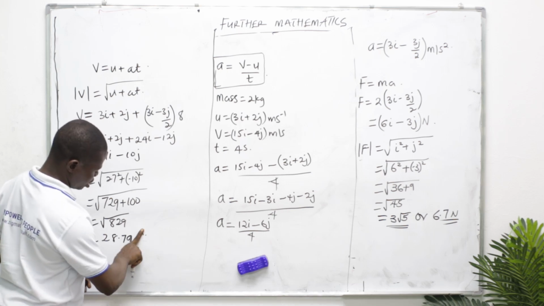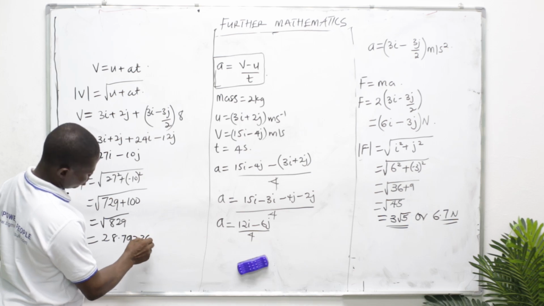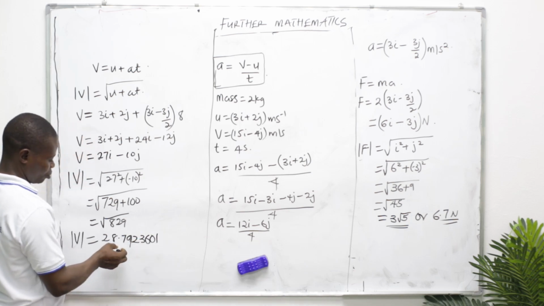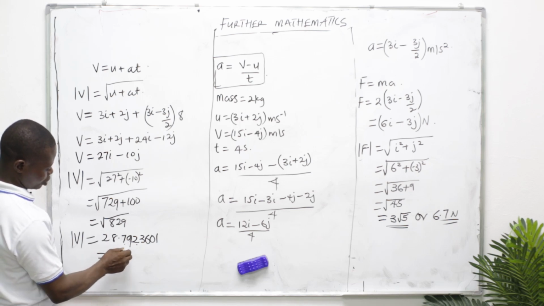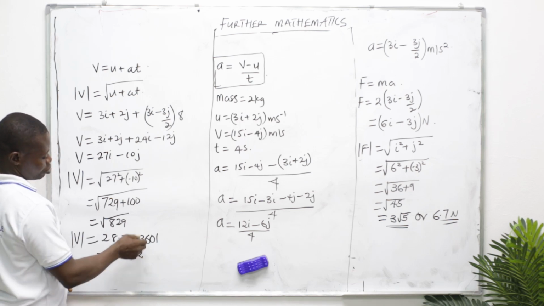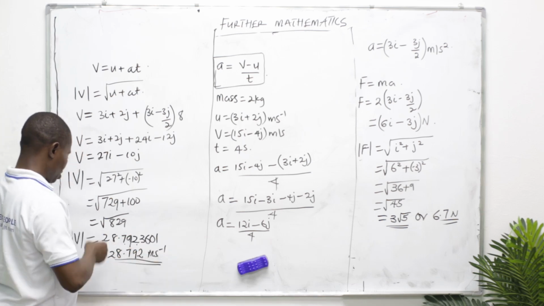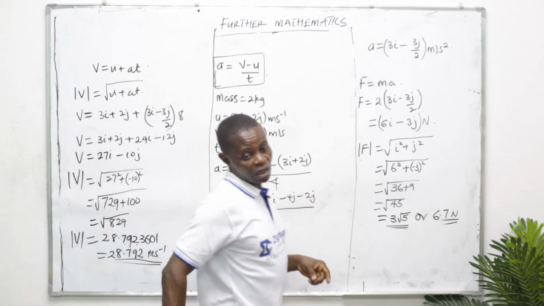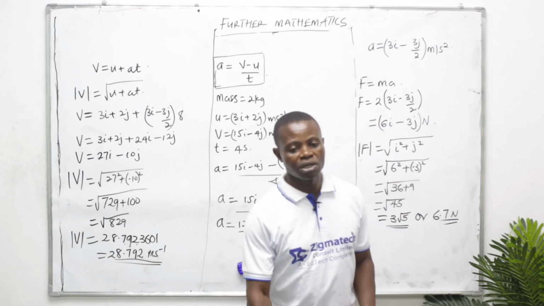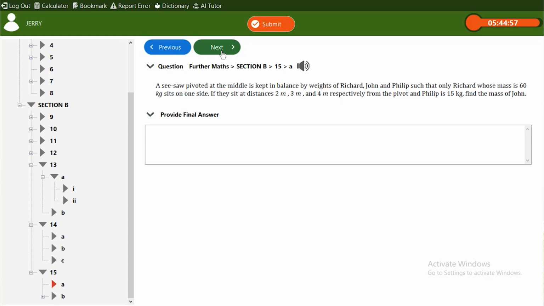So writing down the values we have here, 28.792, because the 3 cannot approximate, so meter per second. The magnitude of the velocity is what? 28.792 meter per second.